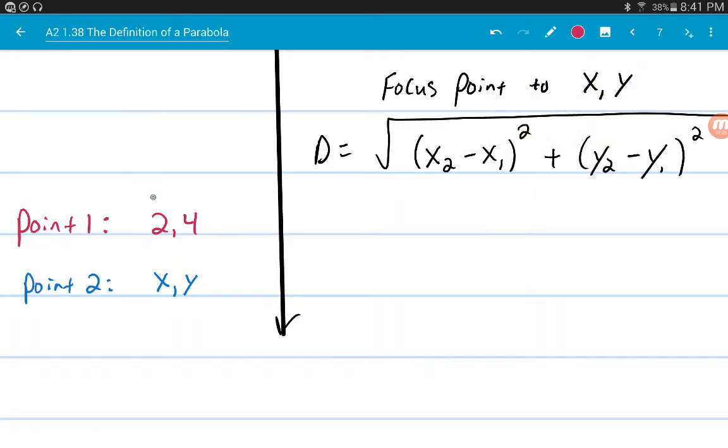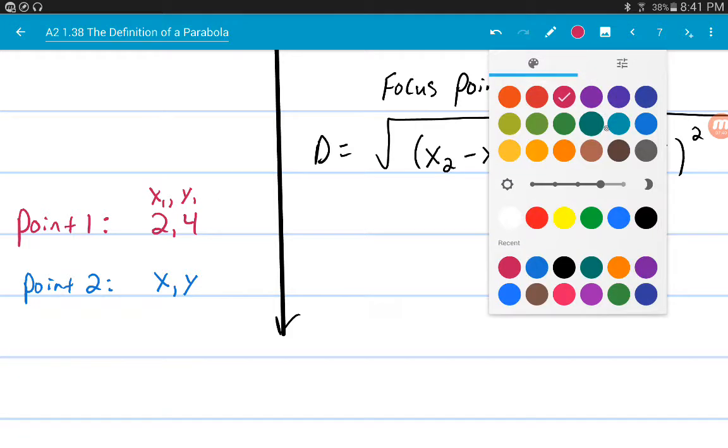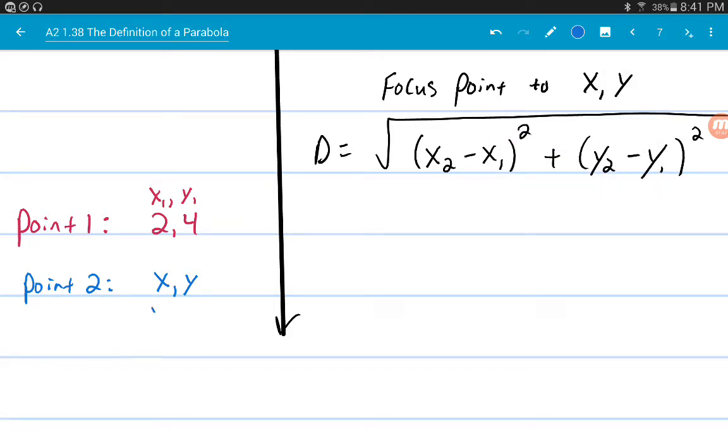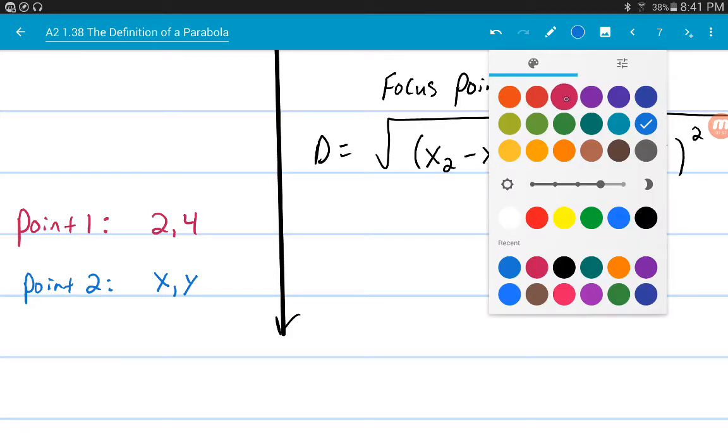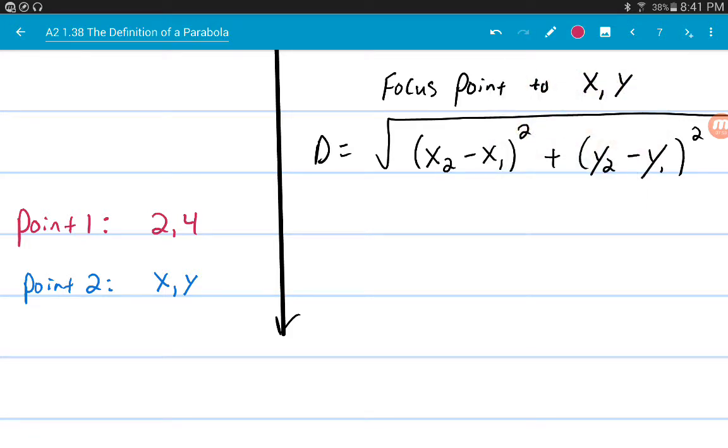Since this is point 1, that means this is x1 and this is y1. Since this is point 2, that means this is x2 and this is y2. So when I go to plug in, I'm going to keep that into account. The 2 goes in for x1, and the 4 goes in for y1. X is x2, and y is y2.